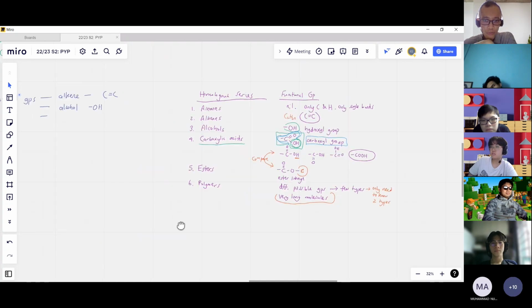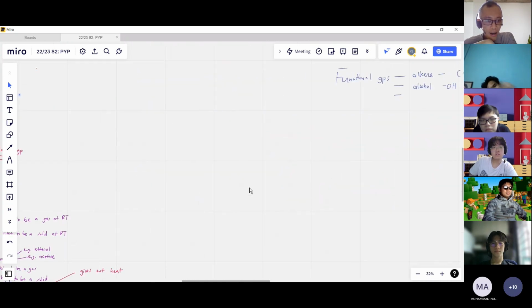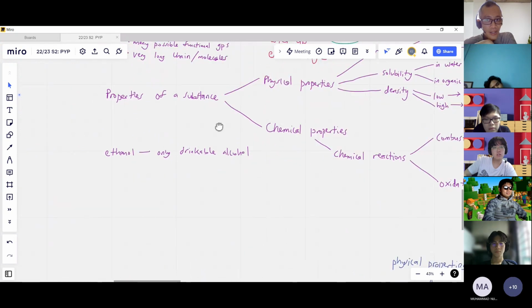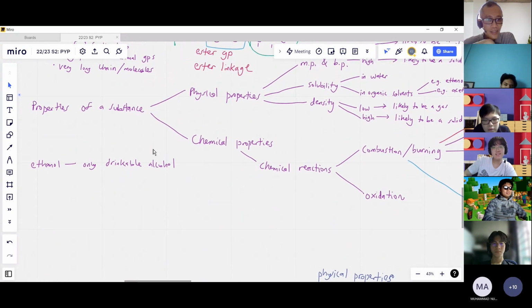Let me just go to this one here. Okay, look at this part. Properties of a substance. So a substance obviously can be anything, but for your context, it is alcohol, carboxylic acid, or some other thing, maybe a polymer.